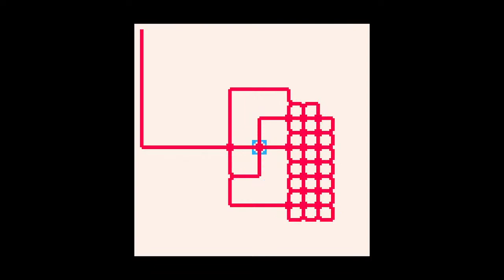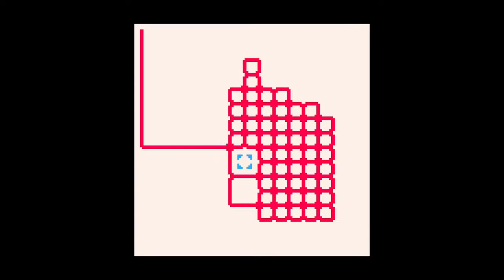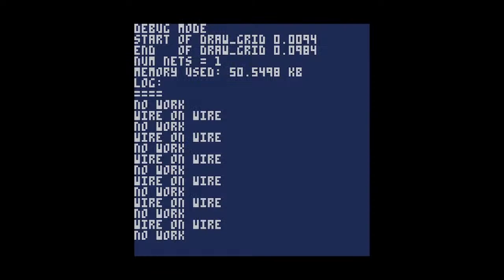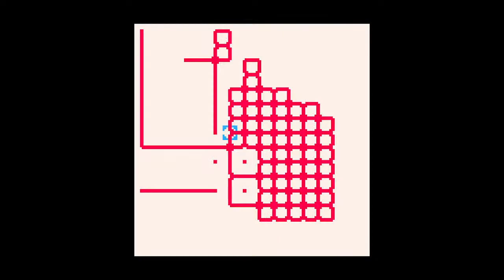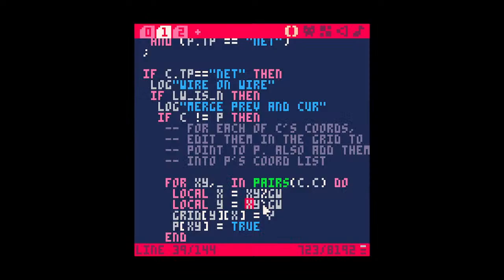But when we merge two nets together, things go wrong. Oh my god. Something's gone really wrong. But why?